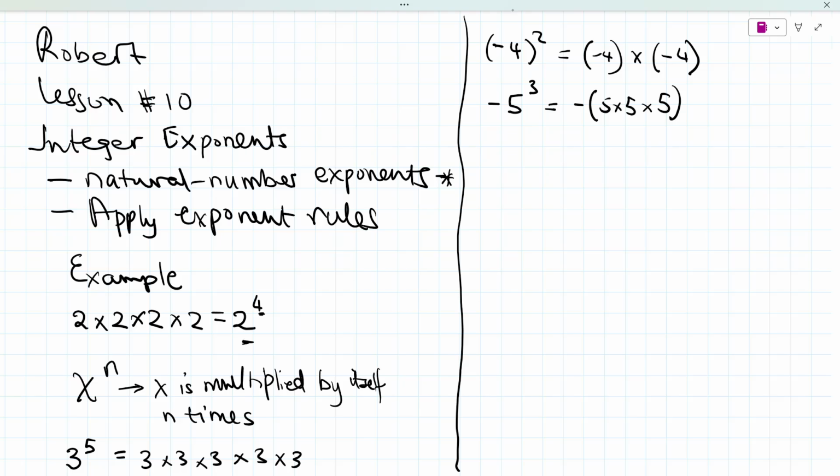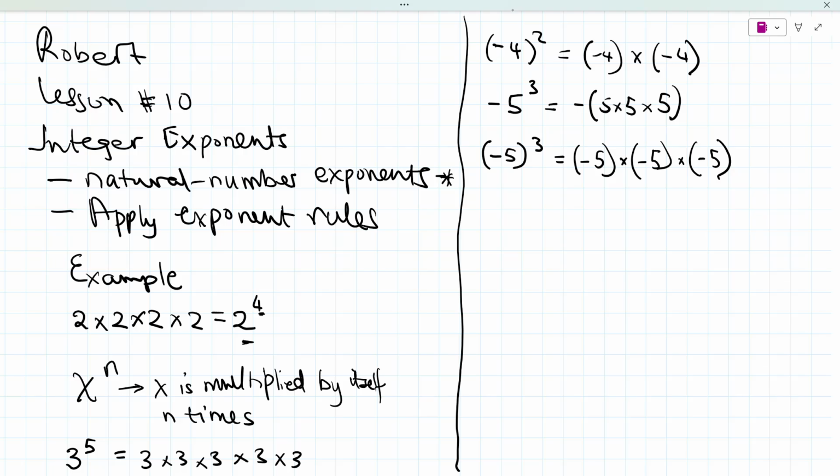And if we had a number like (minus 5) all to the power 3, this would be the same as minus 5 multiplied by minus 5 multiplied by minus 5.